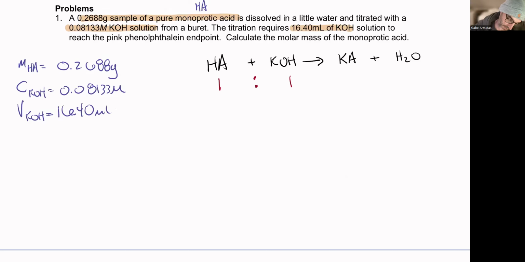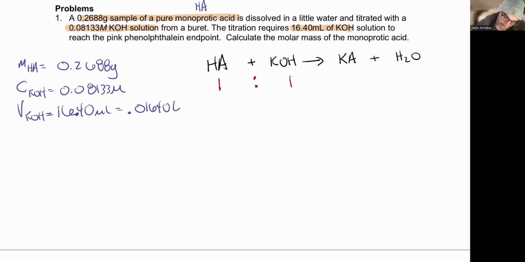I'm just going to convert that now, 0.01640 liters, because I have a concentration, so it's going to be easier to convert to moles. There's plenty of ways to do it, but this is the simplest. All right, and let's keep going, figure out what we're looking for.